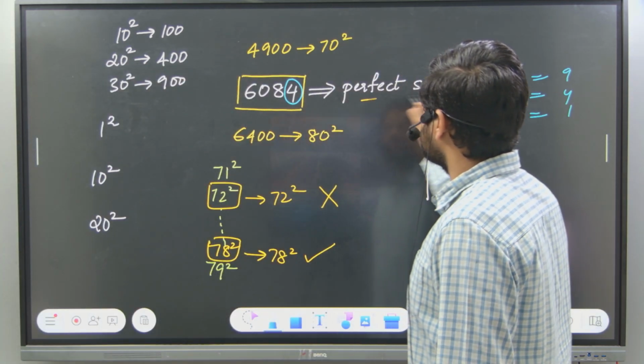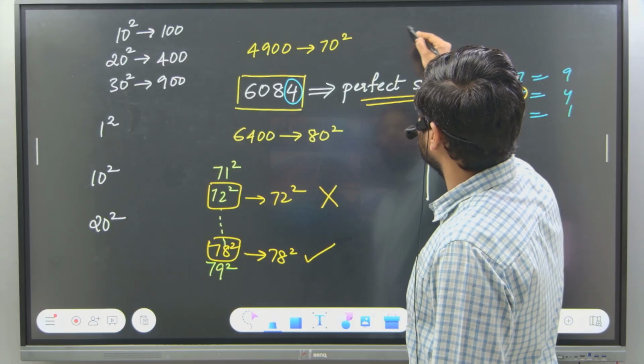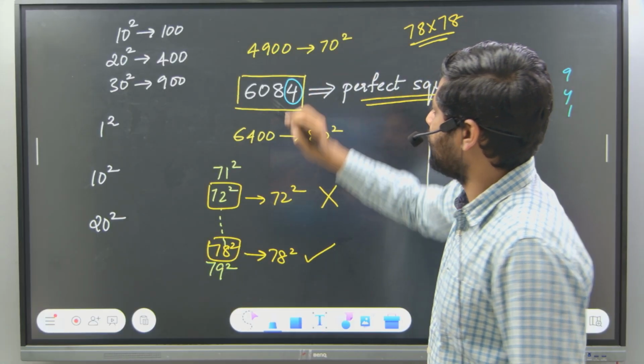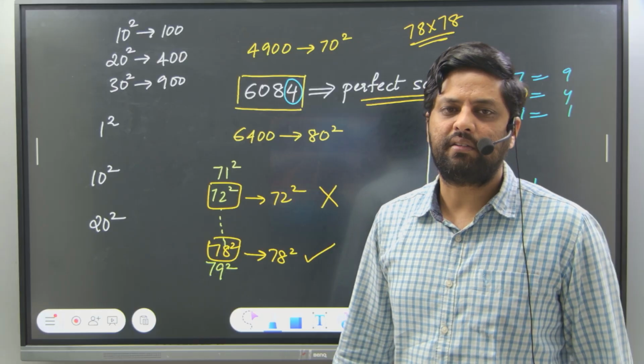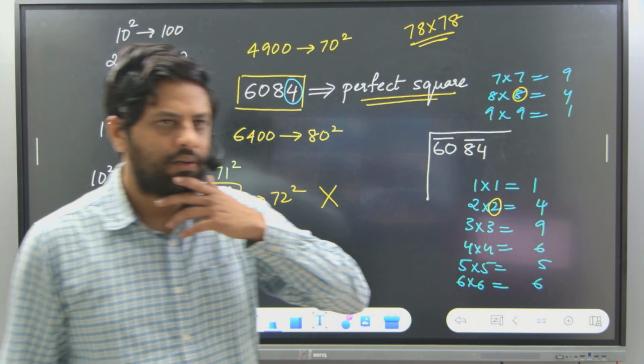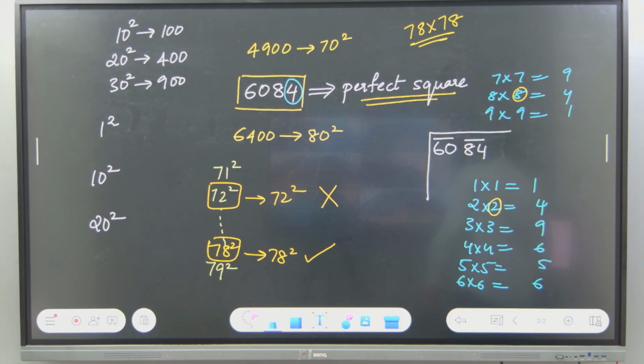So if it is a perfect square only, it is going to work. Directly you can check whether 78 into 78 will give you 6084 or not. You can directly reach the answer. Are you getting my point? Shall we take one more example just so that we become more thorough with this? Yes, let's take one more example.